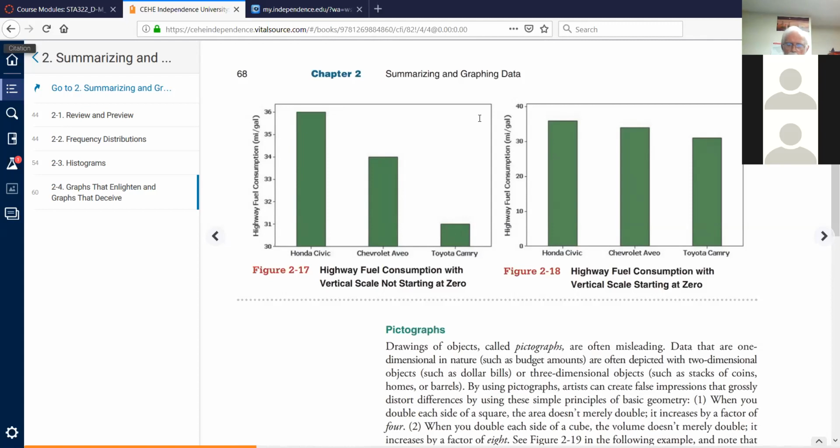Clearly, the Honda Civic gets a little bit more mileage than the Chevy Aveo, and the Camry, at 36 to 34 to 31. So there is a difference here that is real.